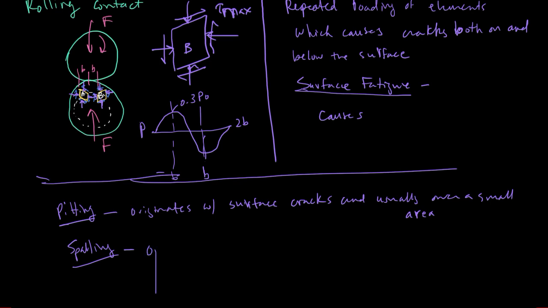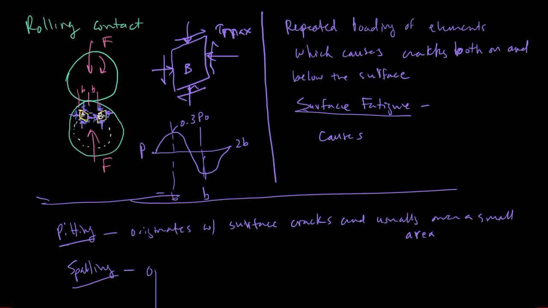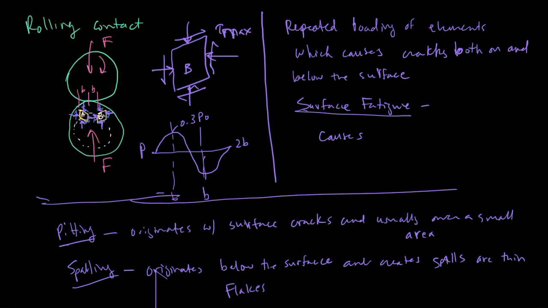Spalling originates below the surface and creates spalls, which are thin flakes of material, and they'll come off the surface and get stuck on the surface.